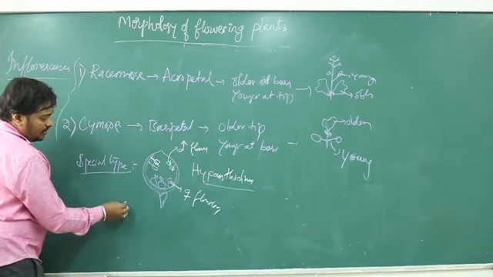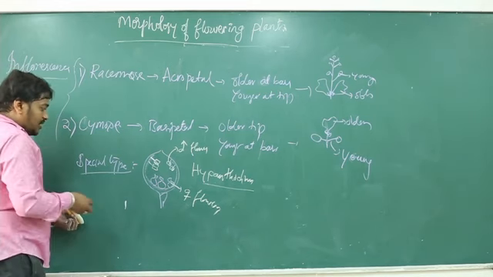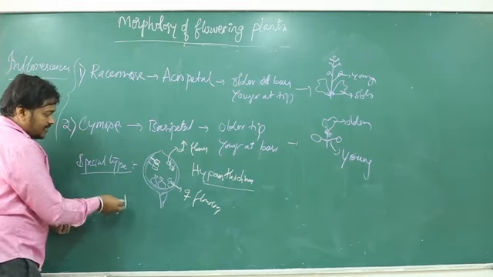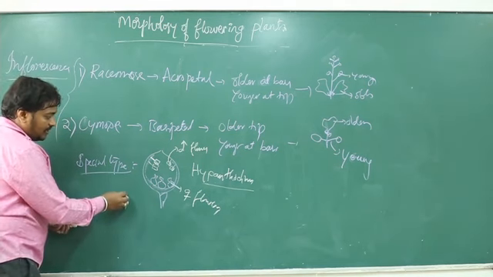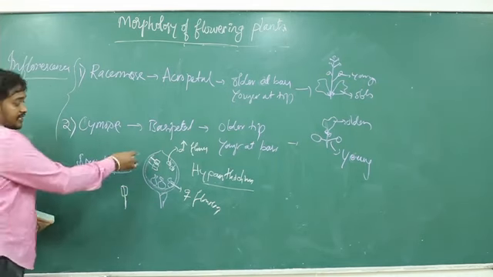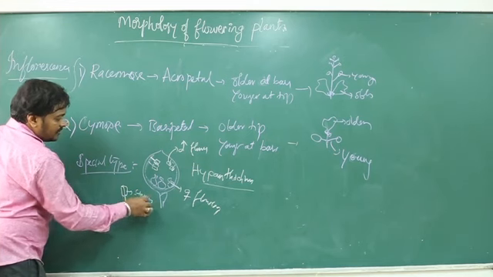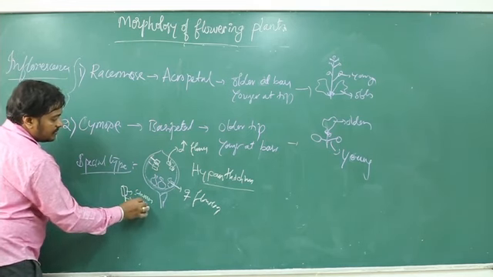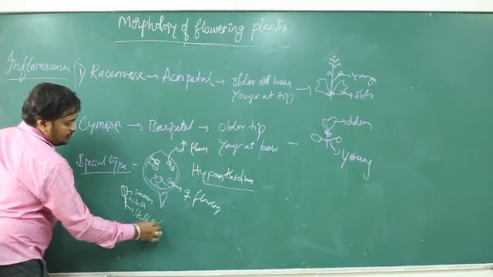It has a stalk called the flower stalk, and on top of it a small stalk represents the female flower without calyx and corolla, but it produces only stamens. So this represents the stamen, this is the stalk of a stamen, this is the stalk of a flower.